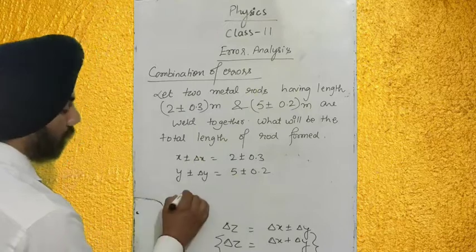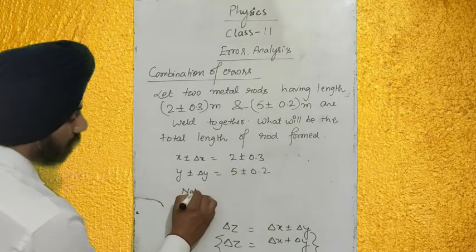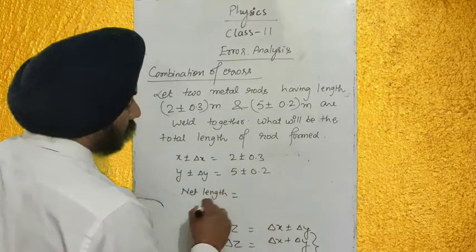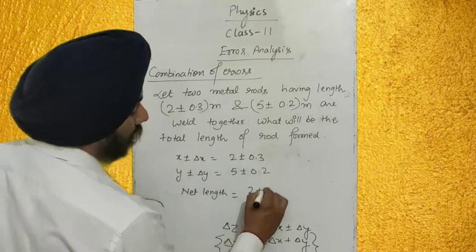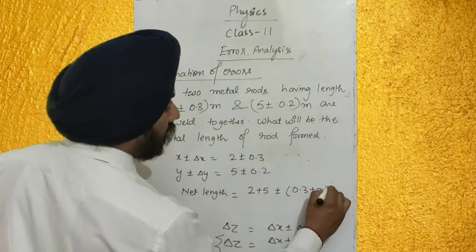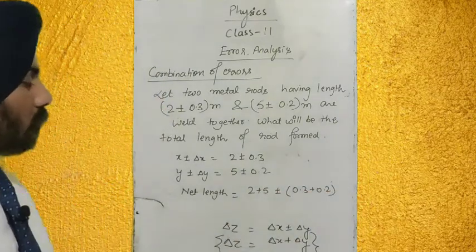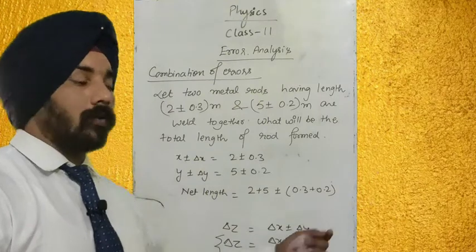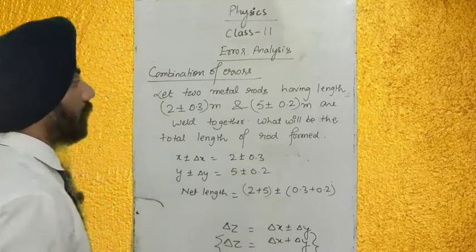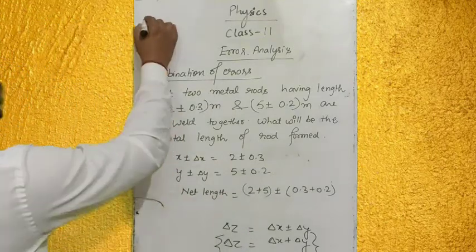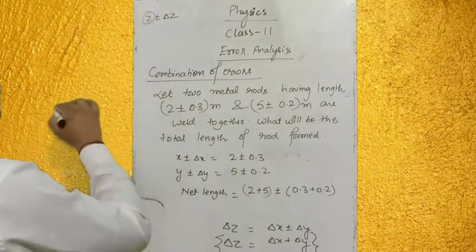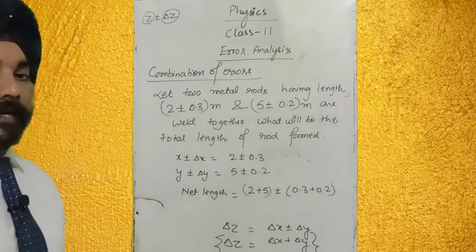So what will be the result? Net length will be equal to 2 plus 5 plus minus 0.3 plus 0.2. I told you, when we are adding two quantities together, their errors are also going to be added, but the result we will write as we were writing last, z plus minus delta z, where z is the actual value and delta z is the error.